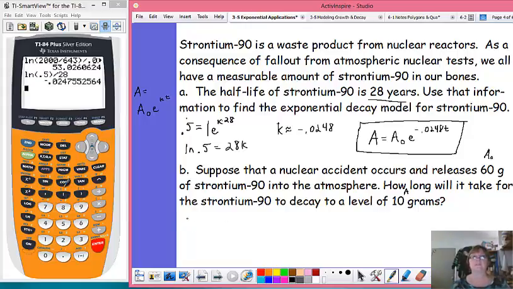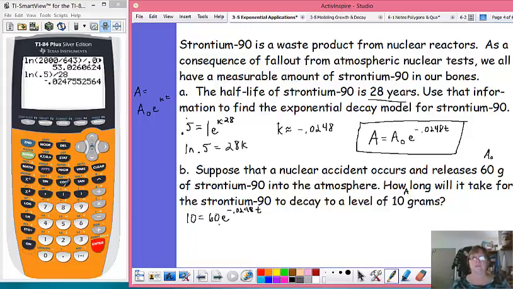So let's fill into our equation. 10 will equal the starting amount, 60, times e raised to the, here's where our decay rate comes in, negative 0.0248, and we're looking for the number of years it takes for this to happen, t. So now we have an exponential equation to solve, and we've been doing this all along.